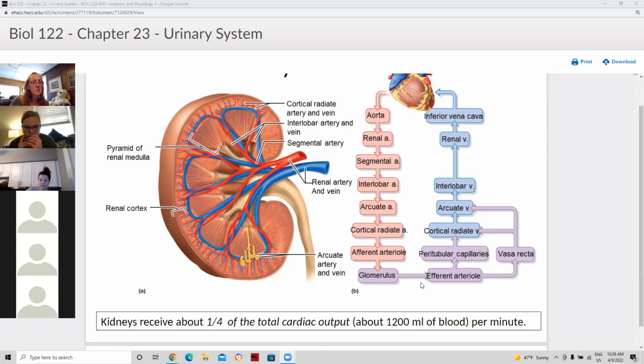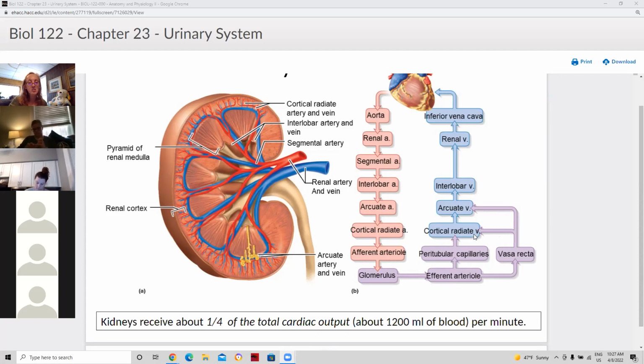The blood that doesn't get filtered, the fluid that doesn't get filtered out in the glomerulus into the nephron, is going to be received by the efferent arteriole, which is going to divide off into peritubular capillaries and vasa recta capillaries.